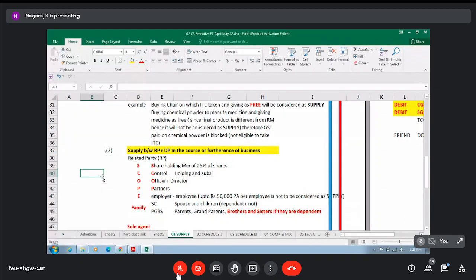The family members will be playing PUBG. Parents and grandparents, because they are old, they will play. Brothers and sisters, if they are dependent. See, PUBG means P means parents, G means grandparents, B means brothers, S means sisters. SC means S means spouse, C means children. These two are covered under family.